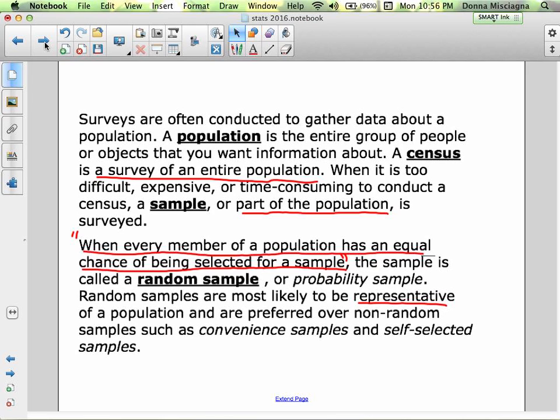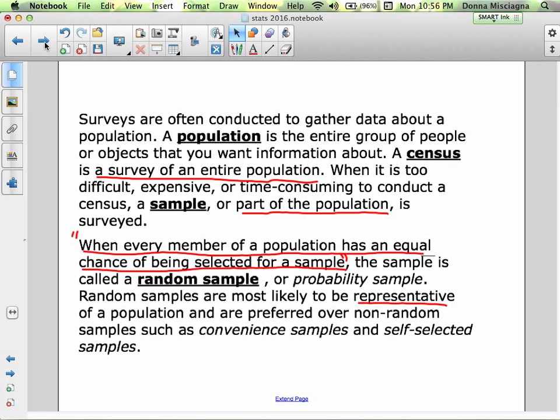They make a great effort to get information on everybody. People that mail it in, people that don't mail it in, they go looking for them because they want to have an accurate representation. They want to know where people live, how many people live in different areas, and what kind of resources that area is going to need.